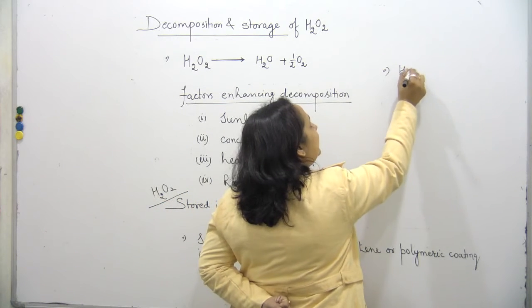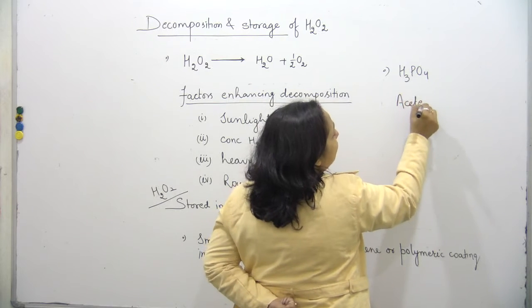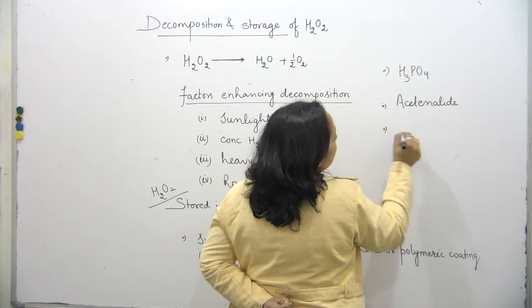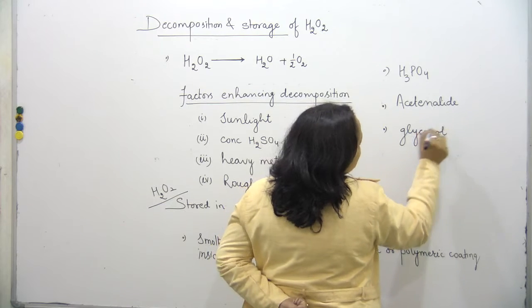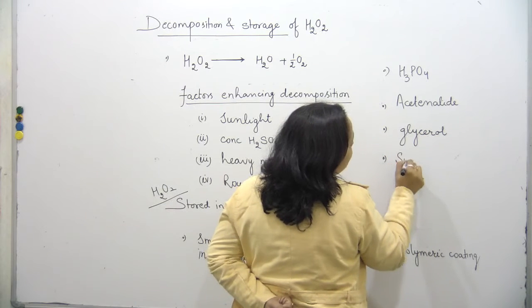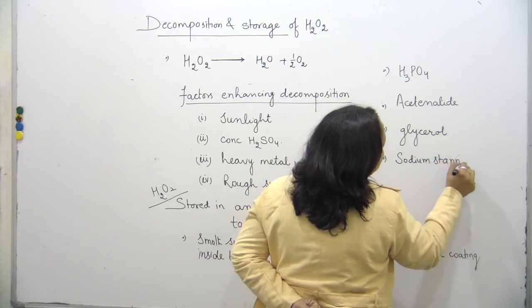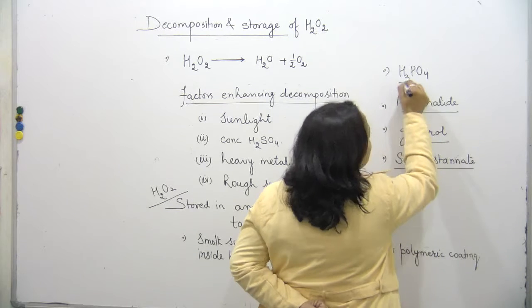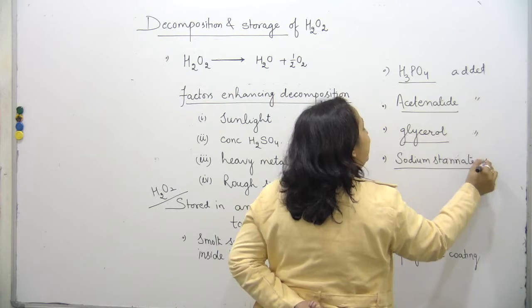Phosphoric acid is added. Acetanilide is added. Glycerol is added. Sodium stannate is added. All these are negative catalysts.